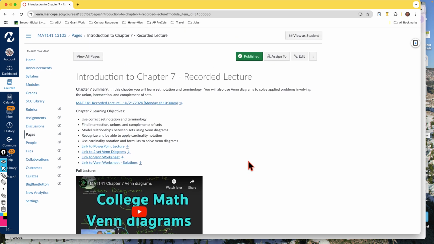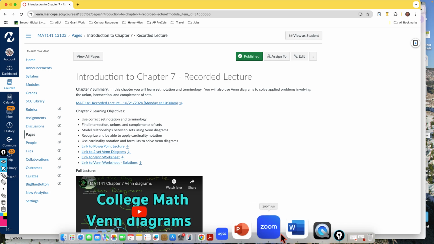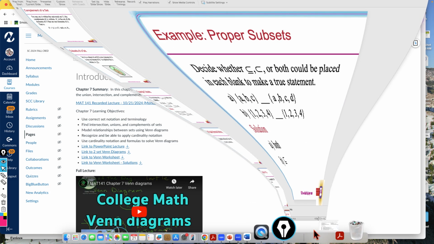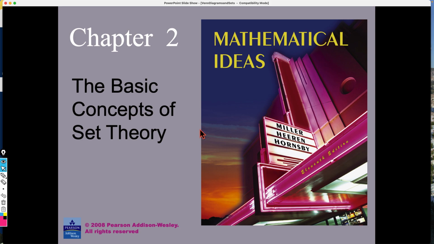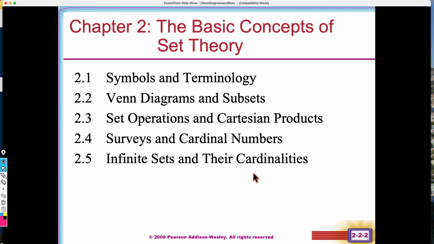Okay, so let's start with the PowerPoint. These are just going to be some concepts and ideas about sets and Venn diagrams. Then we'll get into the worksheet, but we're just going to introduce a few things.